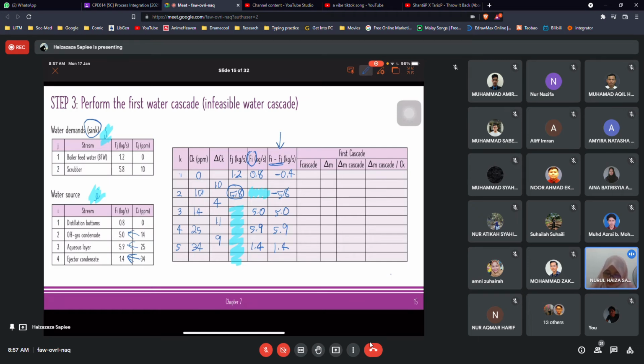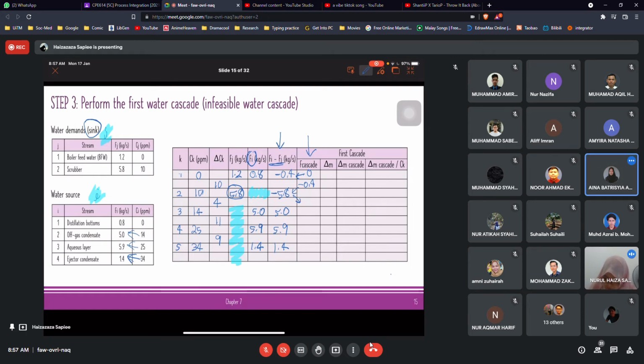From there we can make our first cascade. The F cascade is the flow rate cascade. It depends on the difference. As the name says, cascade, you'll be adding it up. So you start with 0, add negative 0.4, you get negative 0.4. Add negative 5.8, you get negative 6.2.